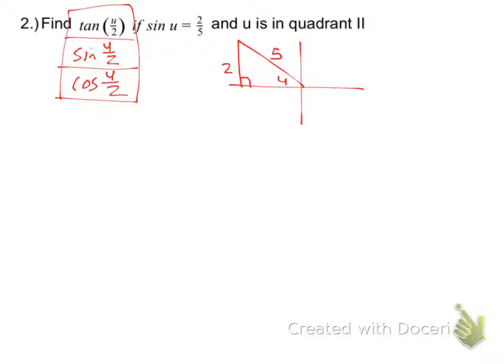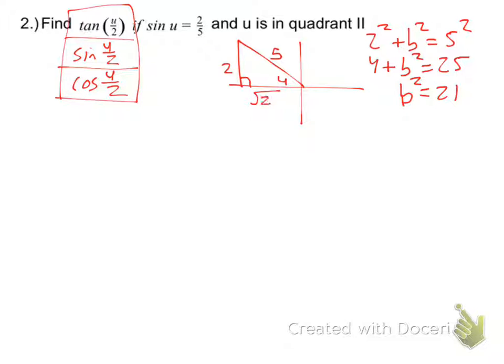Which would be what steps? Yeah, 2 squared plus b squared equals 5 squared. 4 plus b squared equals 25. B squared equals 21. So b has to equal the square root of 21.